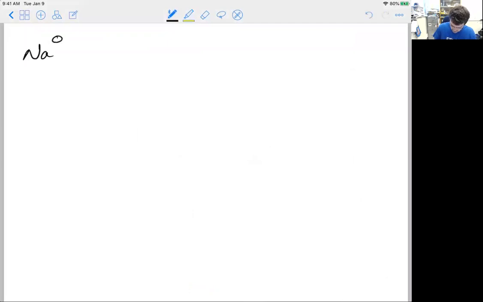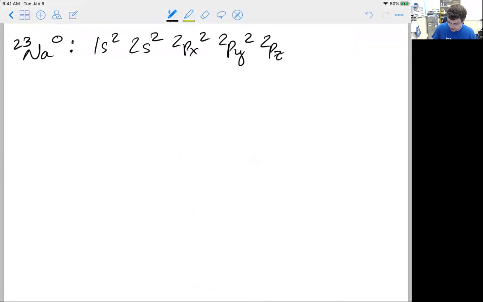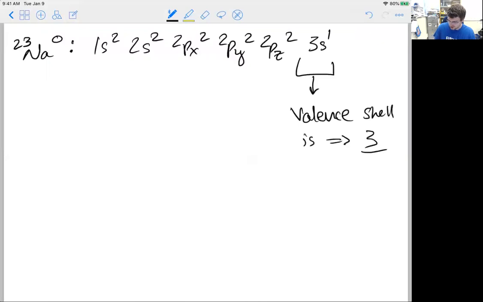sodium, and we'll pick on 23, sure. We did this one last time too. 1s2, 2s2, 2px, 2py, 2pz, 3s1. Now, our valence shell is the third shell.